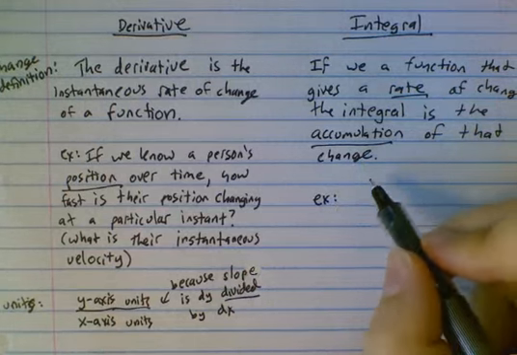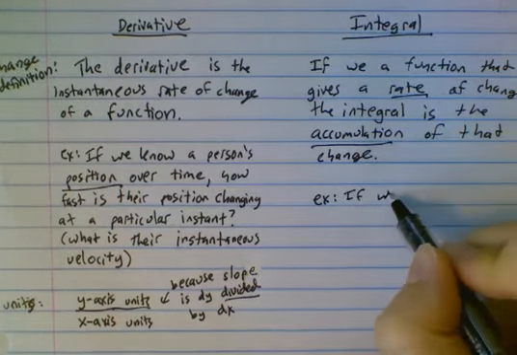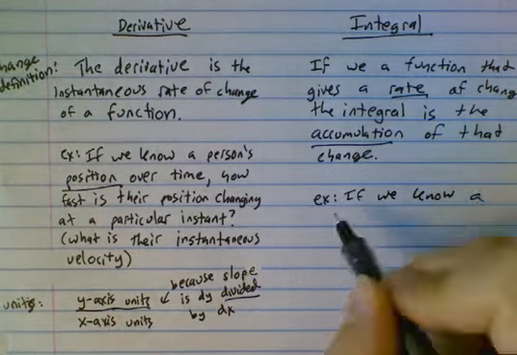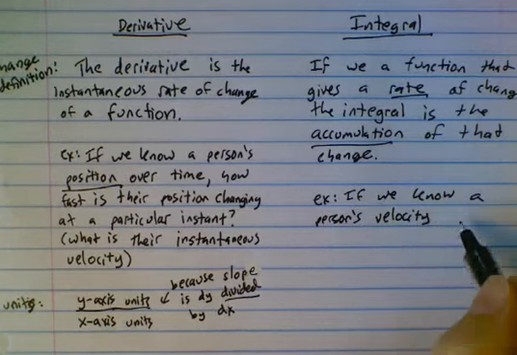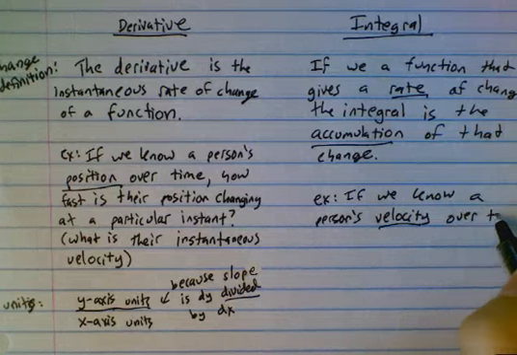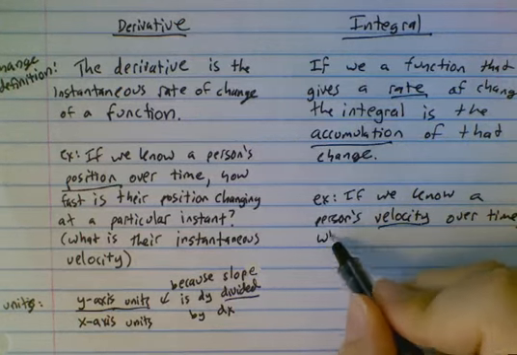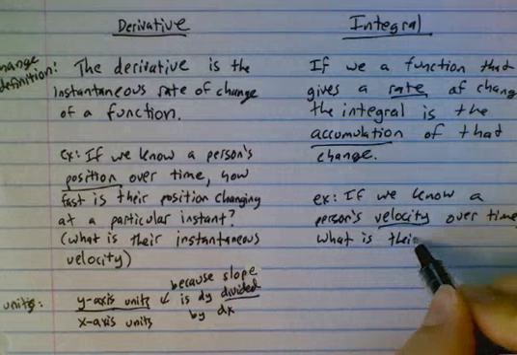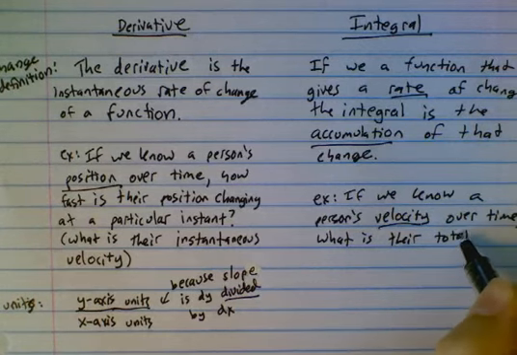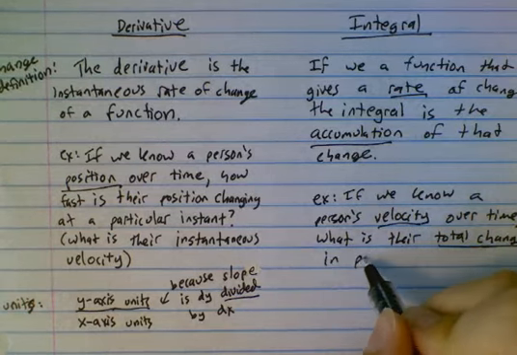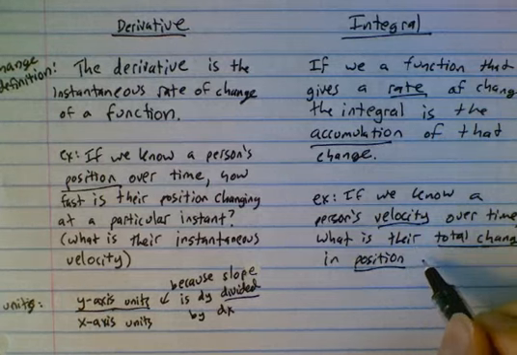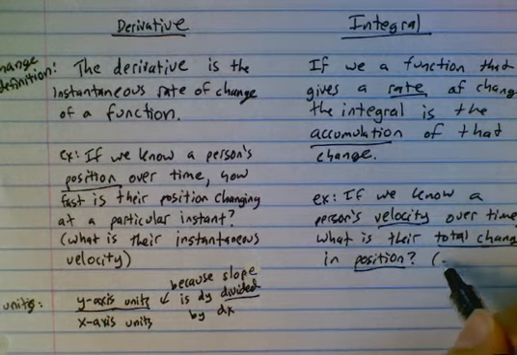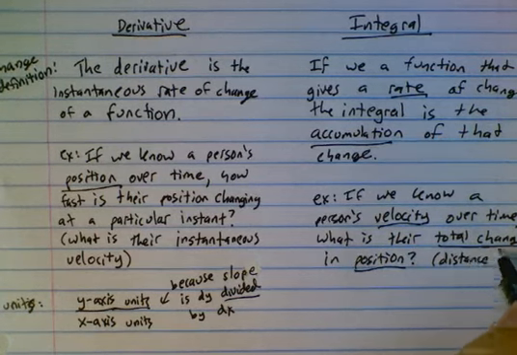So to give an example using moving man again, if we know a person's velocity over time, what is their total change in position? This is also saying distance traveled.